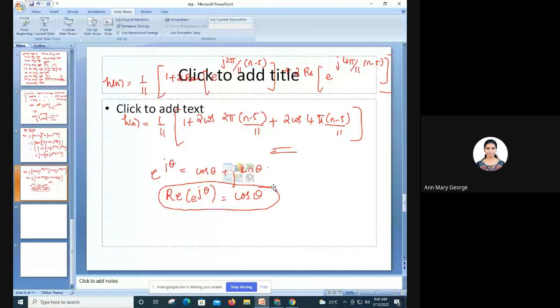Okay, students, we have found out the value of h of n as 1 by 11, 1 plus 2 cos 2 pi n minus 5 by 11 plus 2 cos 4 pi n minus 5 by 11.